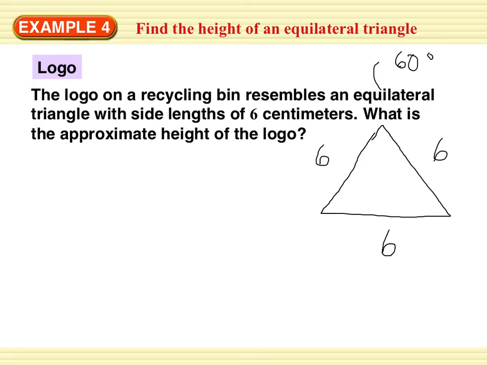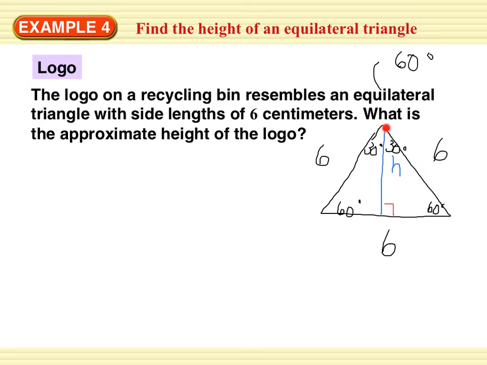So it wants to know that. If all the angles are 60 degrees, the height just cuts that angle in half and makes it 30 degrees. And this would be our right angle. You following me? Okay.